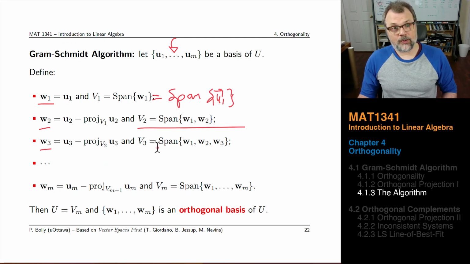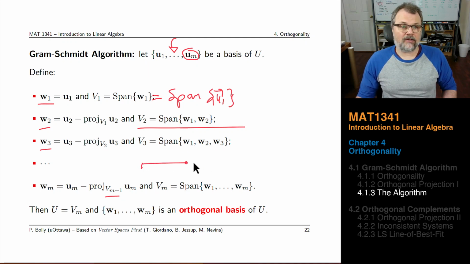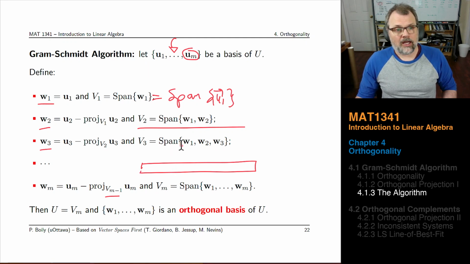You continue this way until you get to your last vector wm, which would be um, the last vector in your basis, minus the projection of it on the preceding subspace vm minus 1, which, even though it's not explicitly written here, you can recognize as being the span of w1, w2, all the way up to wm minus 1, and you'll set vm as the span of these m vectors.